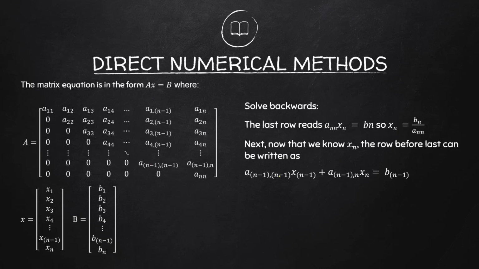Or you can do this by doing matrix multiplication, and that is the row by column multiplication. A multiplied by x is equal to b. So multiply this row by this column, and that would be equal to the counterpart of that row in the matrix B.